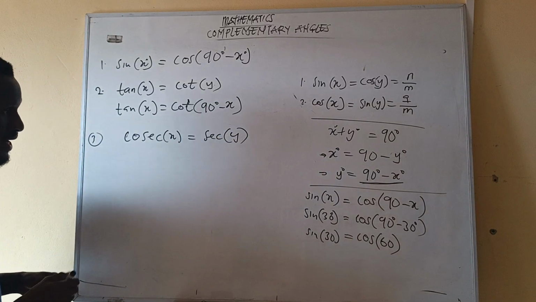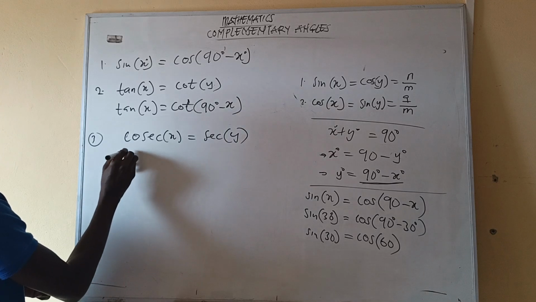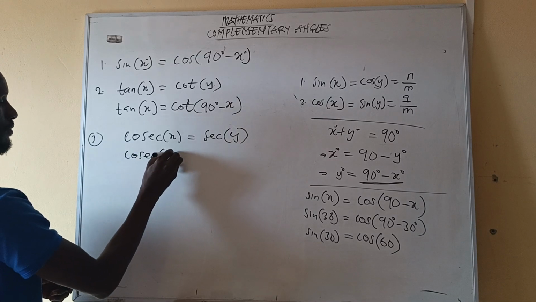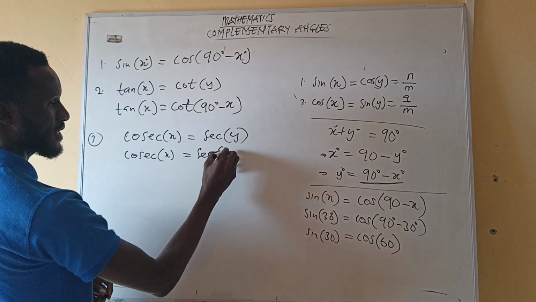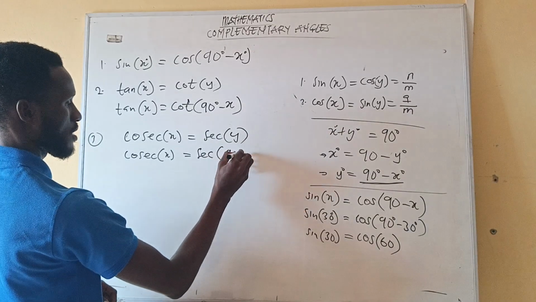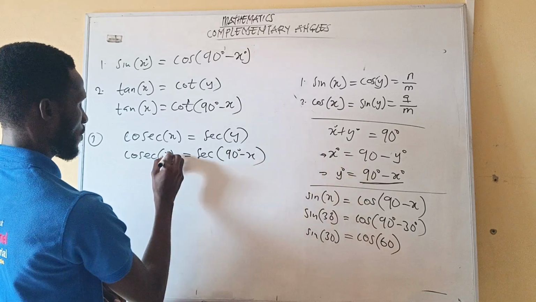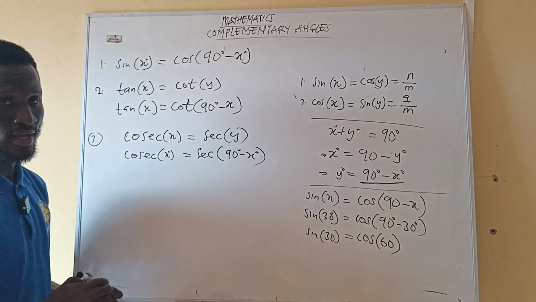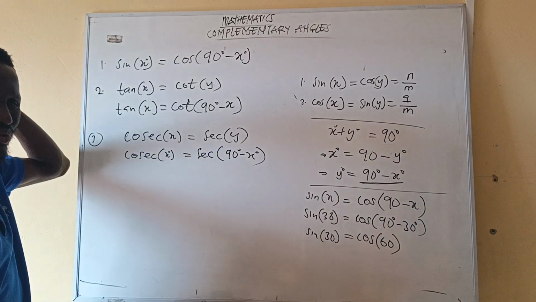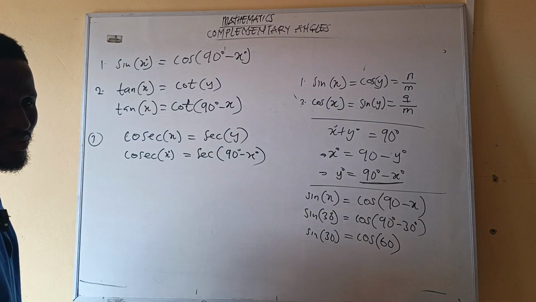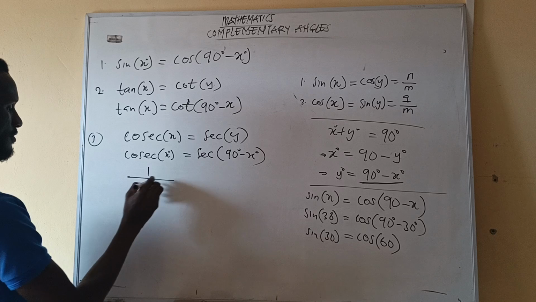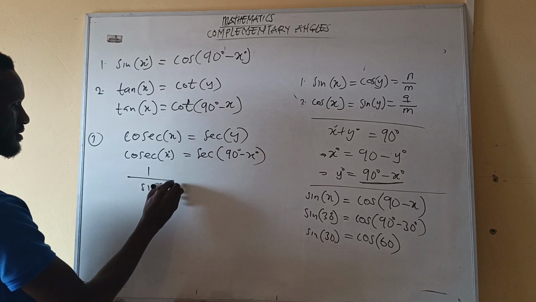Yes. Now let's look at it carefully. Don't forget that the y is the same as 90 minus x. Now what is cosec? Cosec is 1 over sine x.